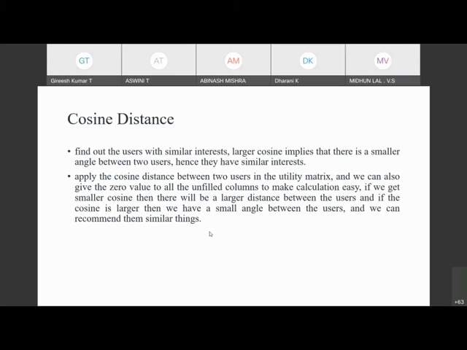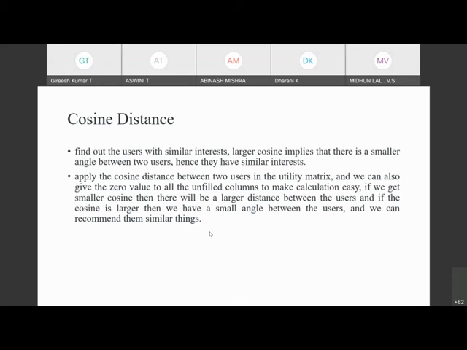If the cosine is smaller, then there will be a large distance between the users. And if the cosine is larger, then we have a small angle between the users, and we can recommend similar things. So this is one measure.